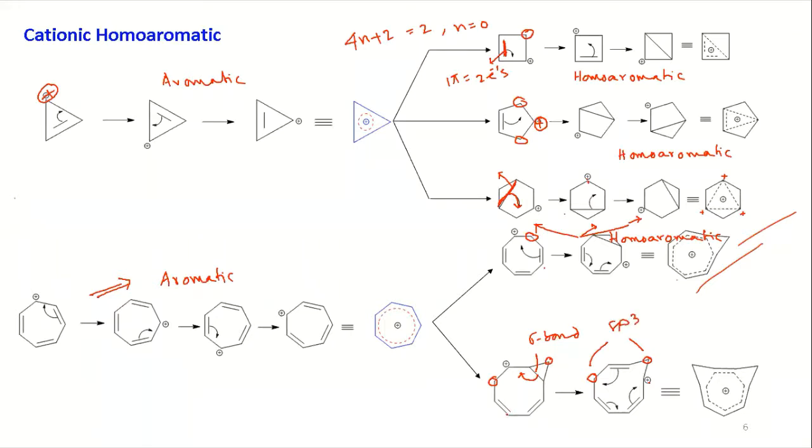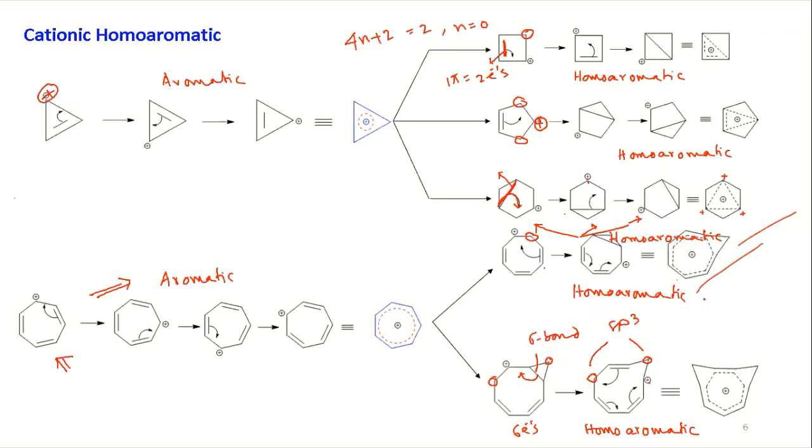Here, 1 sigma and 2 pi bonds, altogether 6 electrons, are moving. It behaves as if you have 3 pi bonds. So ultimately your base is a 7-membered ring with 6 electrons and a cation, which is similar to this structure. So we call this also homoaromatic. Got it?